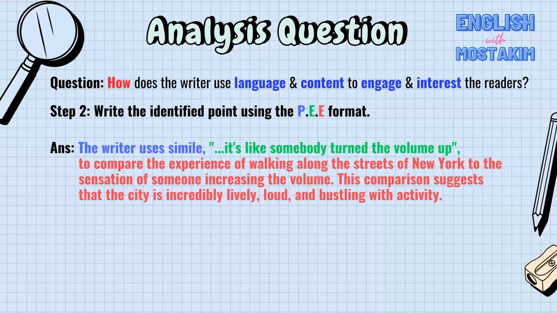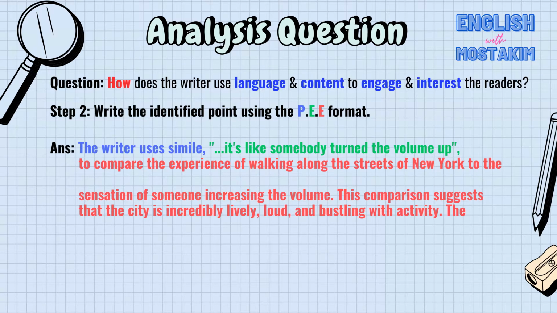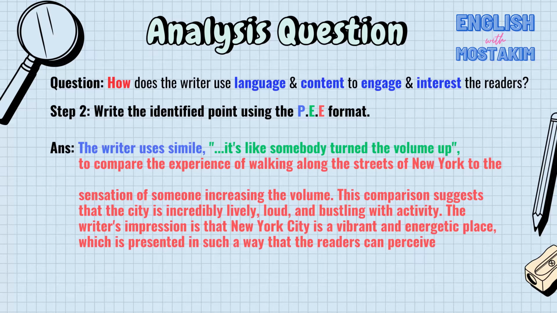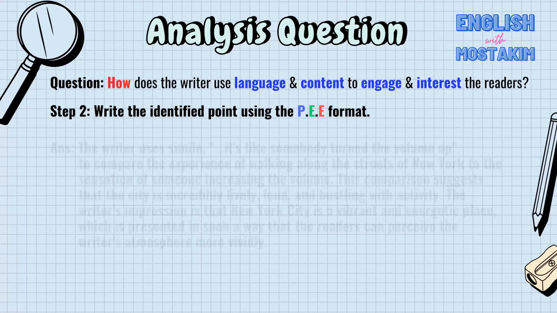After we have explained what the writer wanted to convey, we will describe what effect the following point has on the reader, which in this case we can say the writer's impression is that New York City is a vibrant and energetic place which is presented in such a way that the readers can perceive the writer's atmosphere more vividly.